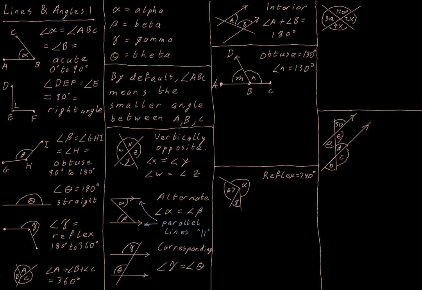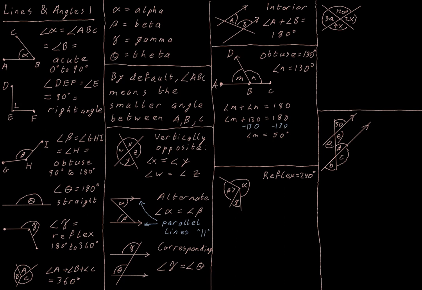Now, how would I find the angle M? Well, the angle M plus the angle N goes through a straight line. So that means angle M plus angle N must add up to 180. And I know that angle N is 130. So I can rearrange my equation to get that M is 50 degrees.